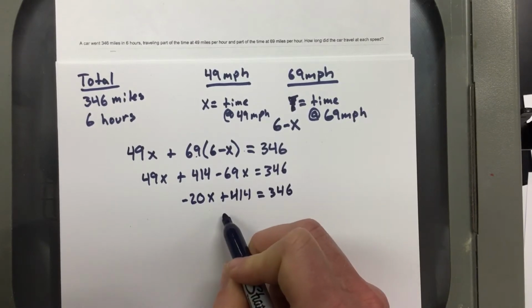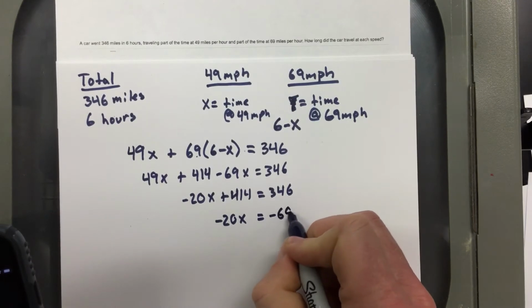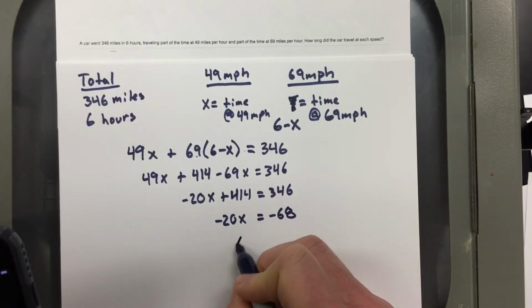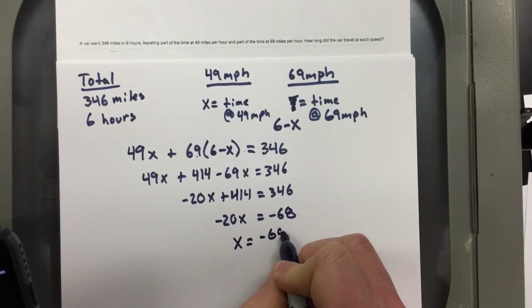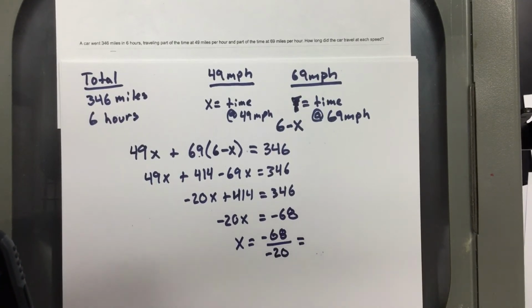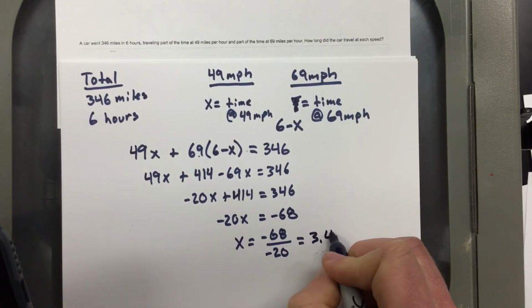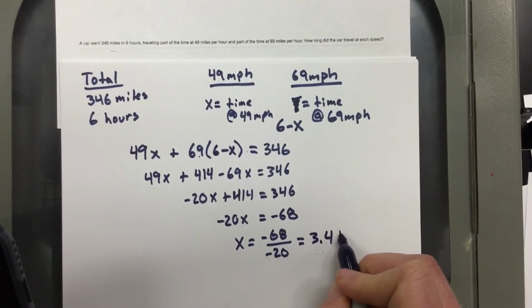Subtract the 414 over, and you get negative 20x equals negative 68. Divide by negative 20, you get x equals negative 68 over negative 20, which equals 3.4. So that's 3.4 hours.